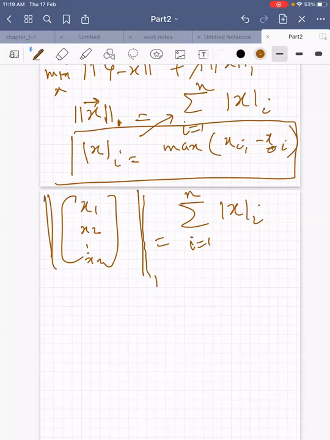Sir, when we were doing the mod of x, it was in one dimension, R1. Right now we are having it in n dimensions.